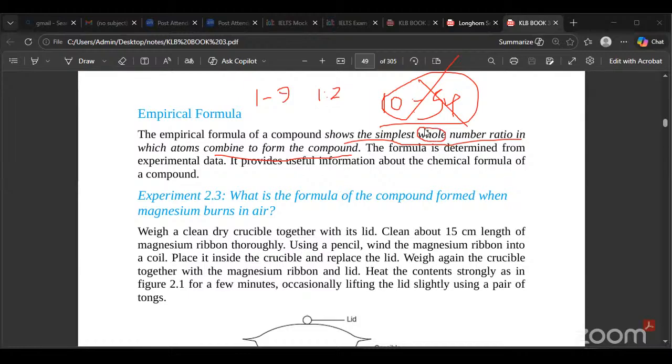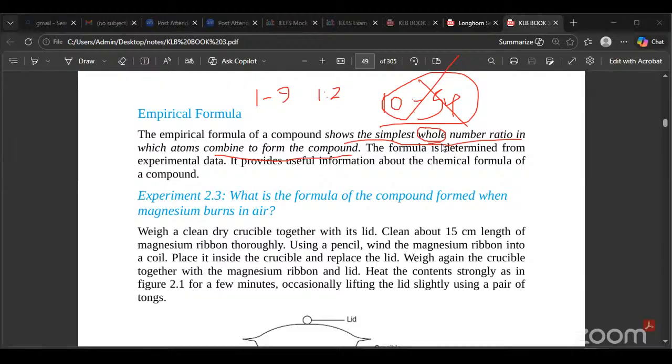A whole number is not 0.5. It is not a half. It's not a quarter. It's not 0.75 or 0.99. That is not a whole number. It should be a full number. A full number is 1. In this case, 0 does not come in. We don't consider 0 as a whole number because it actually cancels out everything when you multiply.